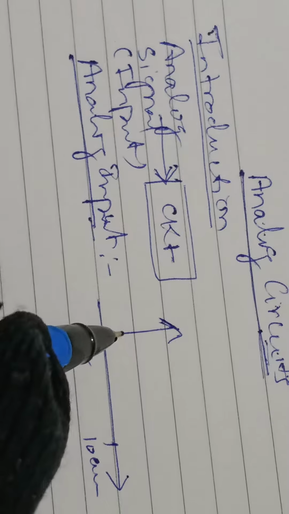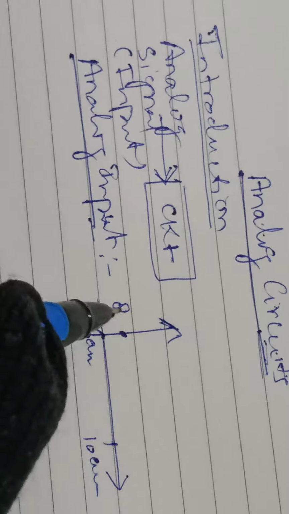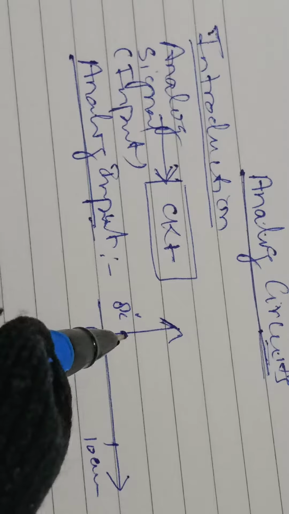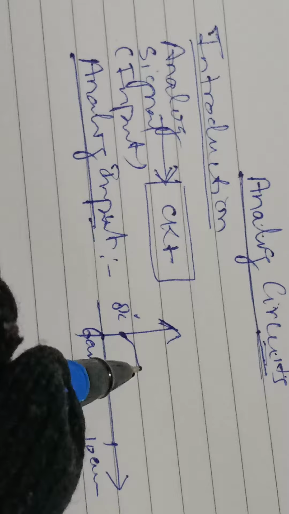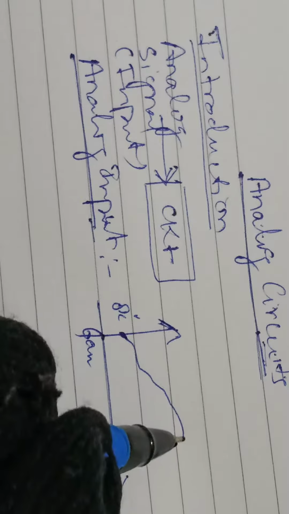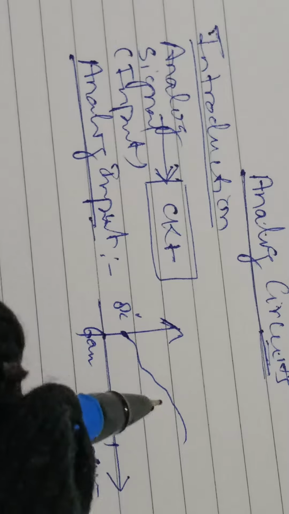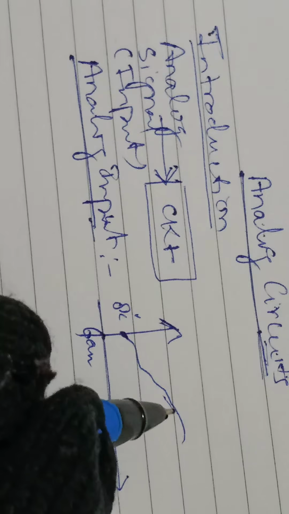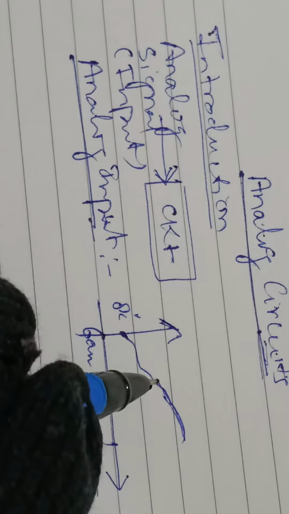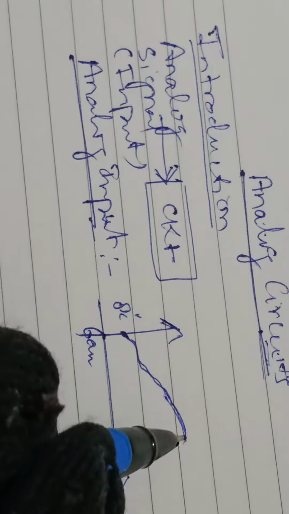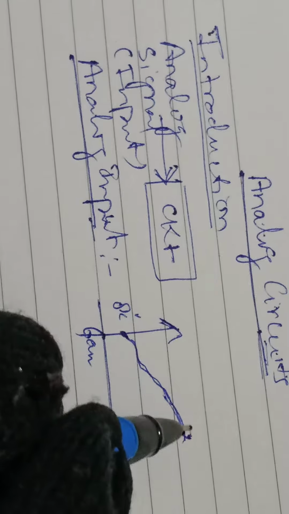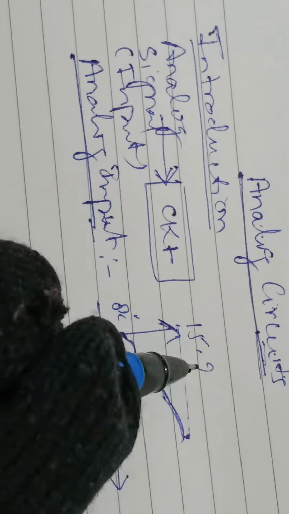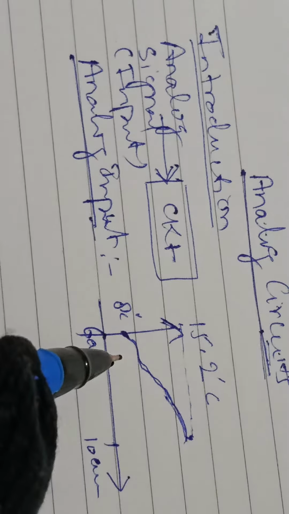Suppose at 6 am it was 8 degrees centigrade, and while going from 6 to 10 am the temperature was rising like this. It is an assumption. Just assume that this type of behavior is shown by the temperature, and suppose at 10 o'clock it was around 15.2 degrees centigrade.